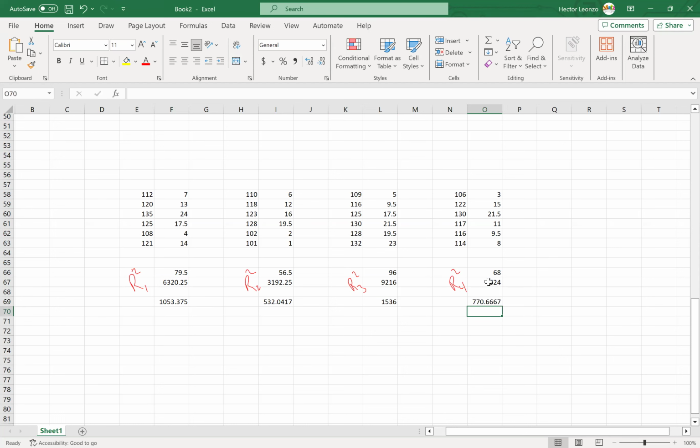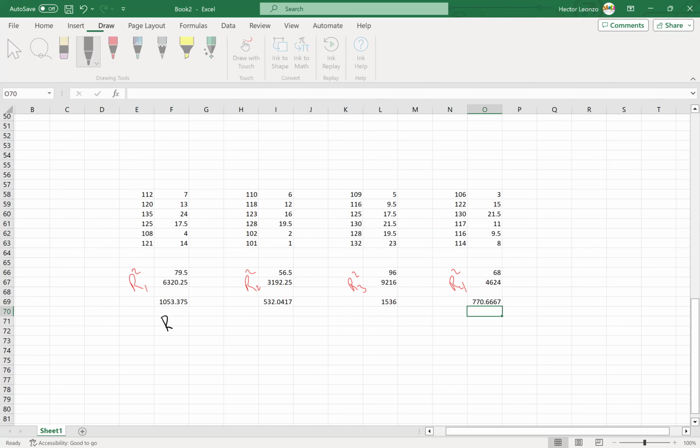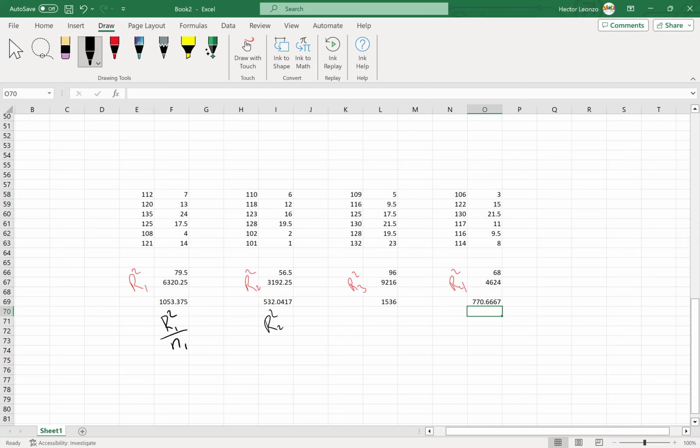So you might be wondering, okay, Mr. Leonzo, I'm lost. Okay, this number represents R2 squared divided by N2. My ranking of my third list squared divided by how many numbers I had on my third list. My rankings in the fourth list all squared divided by how many I had on my list.